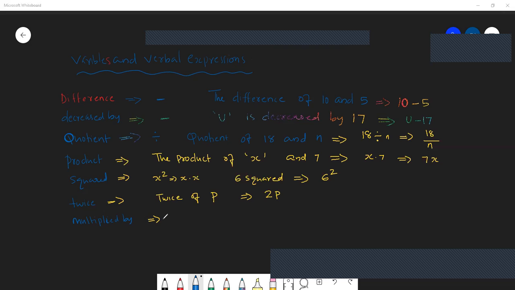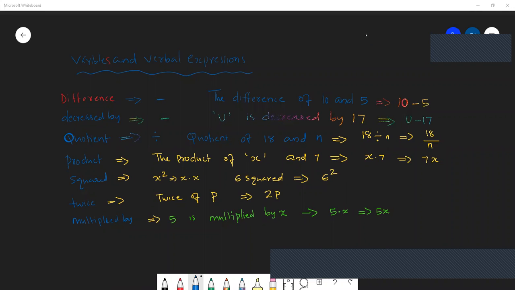For example, 5 is multiplied by x. The meaning is the product of 5 and x, that is 5x. So this is what each of these represents.